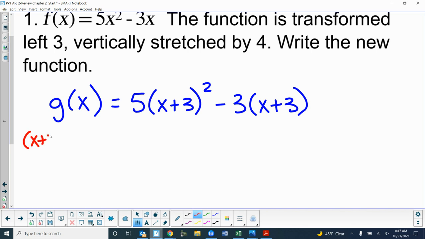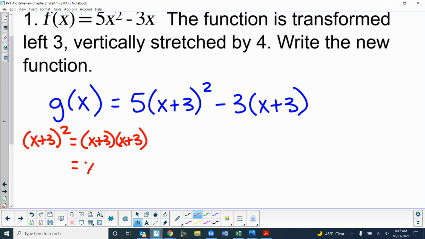X plus 3 squared means x plus 3 times x plus 3. Some of you are still just writing x squared plus 9. That is incorrect. Focus now. Some of you are just looking down. Some of you writing for something else. Pay attention, please. So we FOIL this.